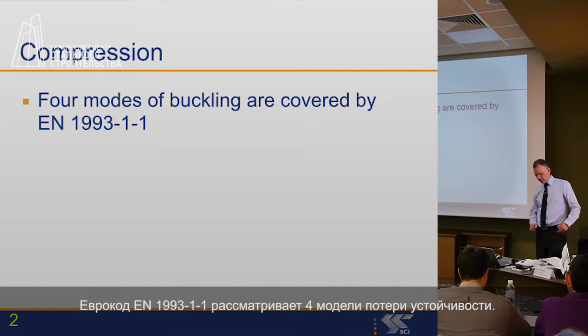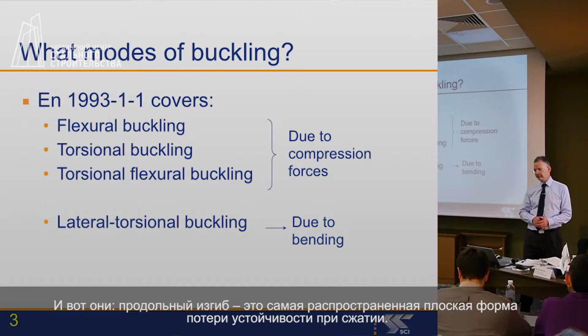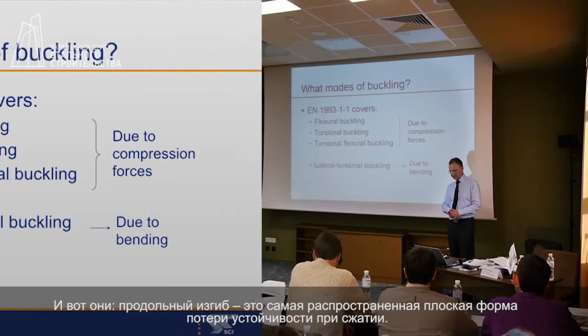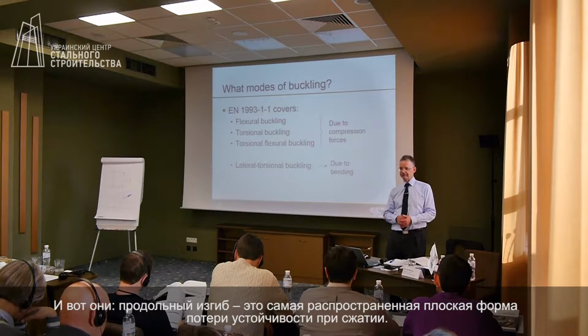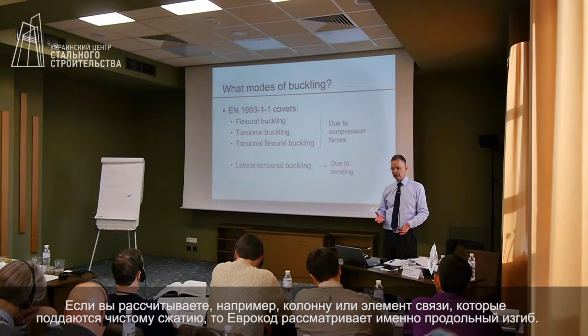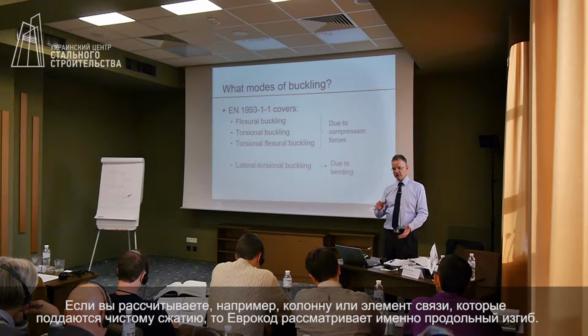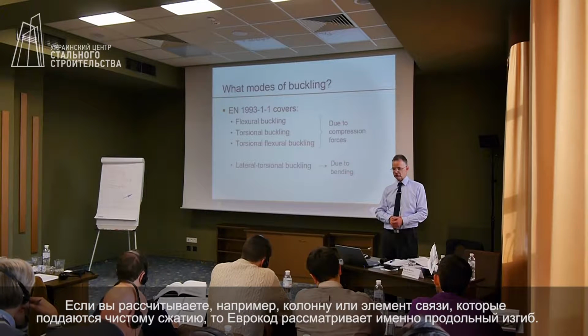There are in fact 4 modes of buckling covered by the Eurocode, and here they are. So flexural buckling, that would be the common form of buckling under compression. So if you're designing a column, for example, or a bracing member subject to pure compression, the Eurocode describes that as flexural buckling.